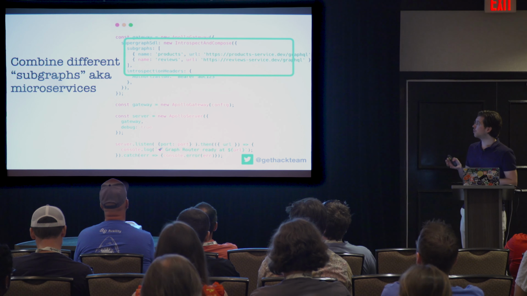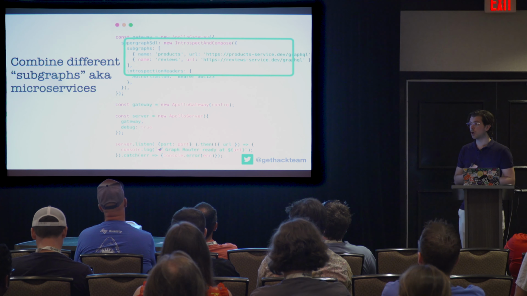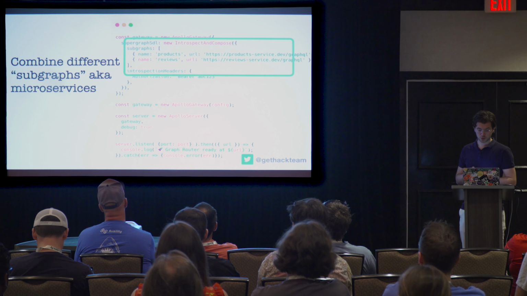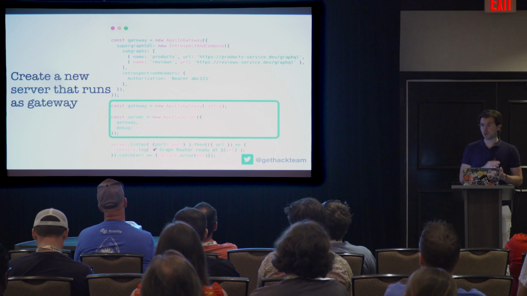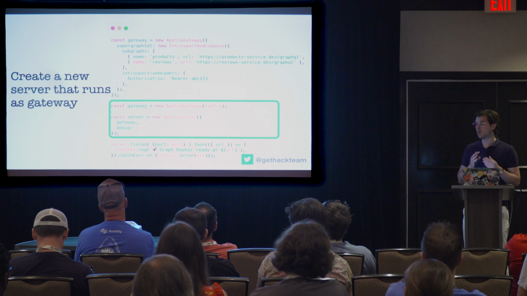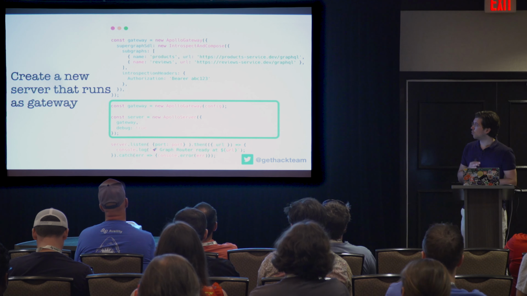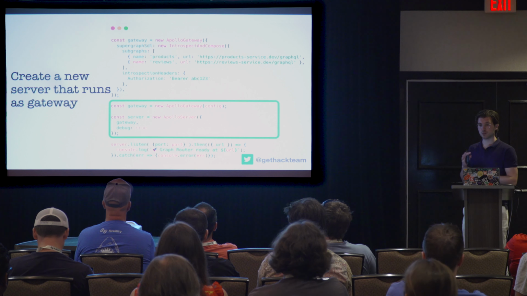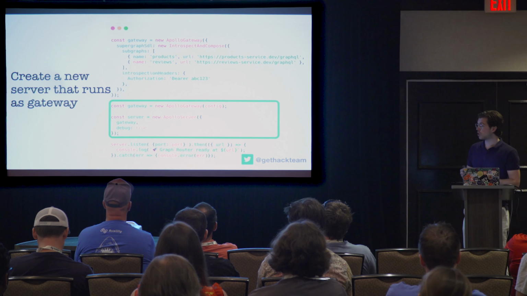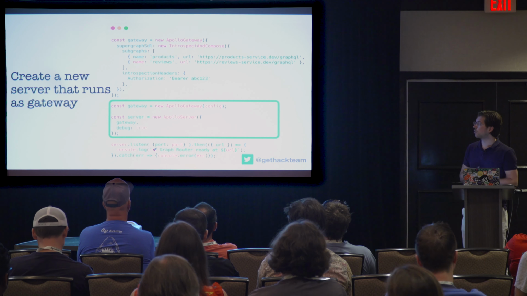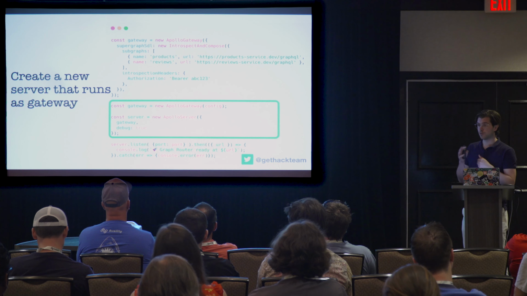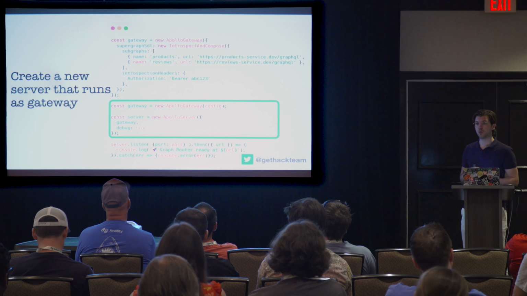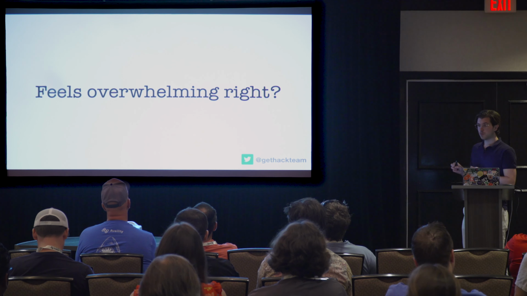So they can be living on an endpoint, they can be living somewhere locally inside your servers. And then you need to create a new server that will expose the schema. So we cut away the logic of resolvers, because resolvers are being done by the custom directives. But you still have a setup to configure the different subschemas, and then also need to create a server that you will deploy somewhere. So that might feel overwhelming.